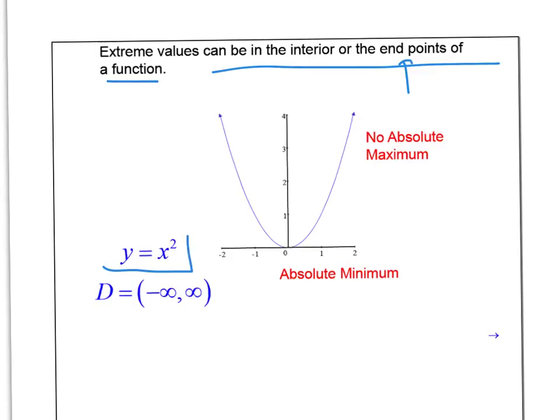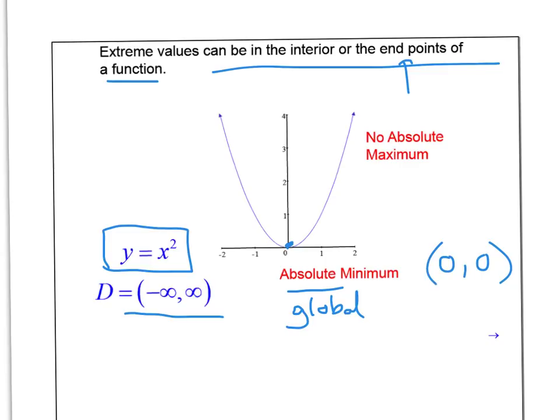This is our function y equals x squared, which is defined over an open interval forever, negative infinity to positive infinity. This has an absolute, and don't forget that is the same word as global, an absolute or global minimum. Some people will say (0, 0).